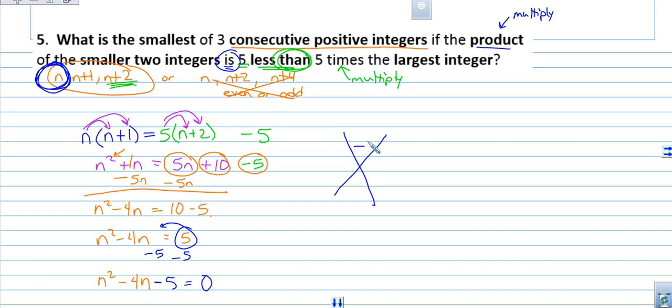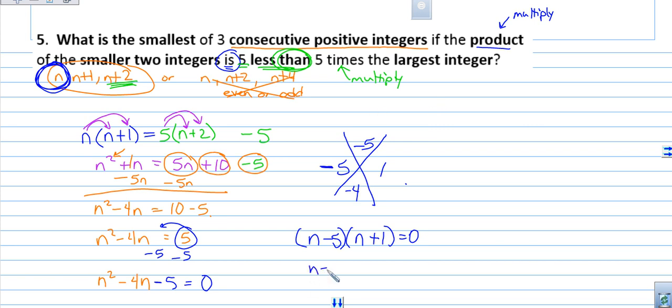You put the negative 5 on the top, and you put the negative 4 on the bottom. 5 times 1 is 5, and then we have a negative here. So then you do the parentheses, and you go n minus 5, and then n plus 1 equals 0, because we've got to solve it.